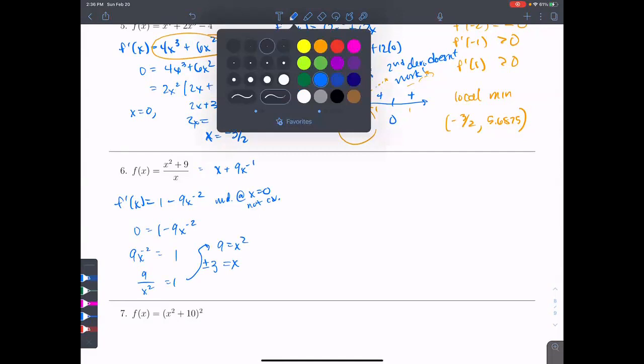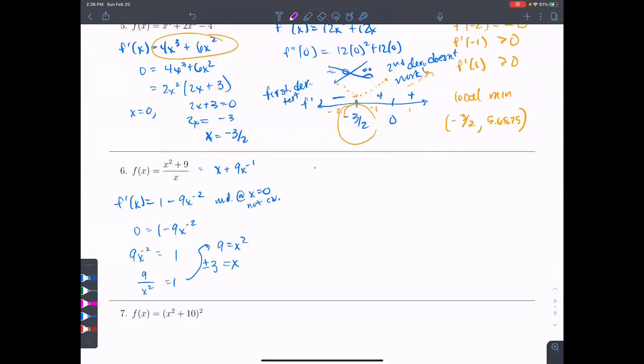And then you're going to test those values or find the second derivative before you do that. So positive 18x to the -3 or 18 over x cubed. So f double prime of -3, f double prime of 3. That would be negative.